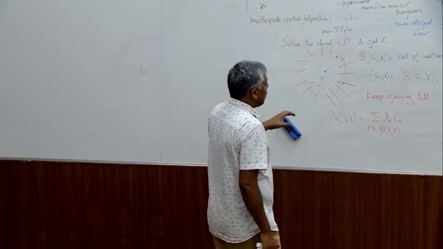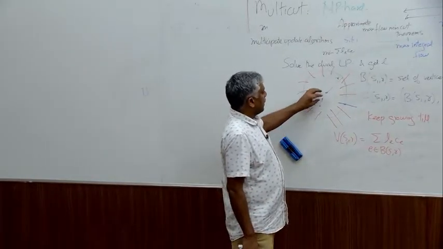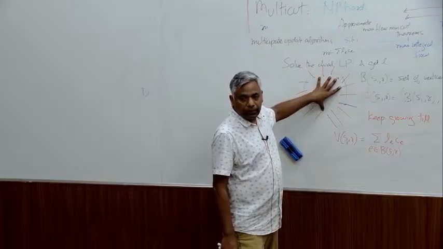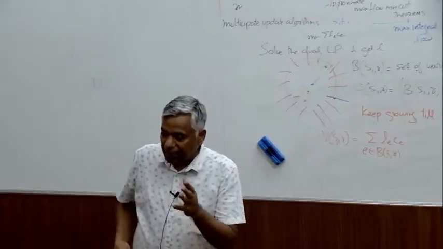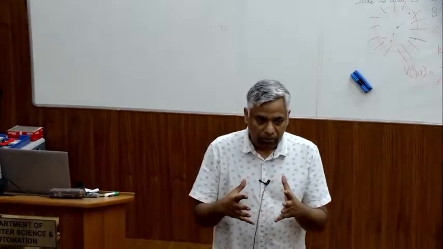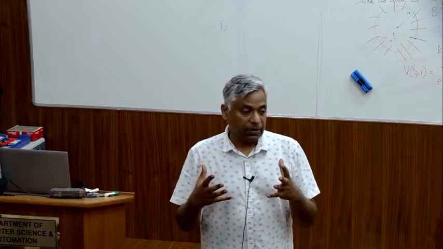So this ball, now intuitively, if this cut is large, right, so we keep growing the ball while the cut is large. So if this cut is large, then what does that mean? That when I grow the ball, its volume will increase even more, right?